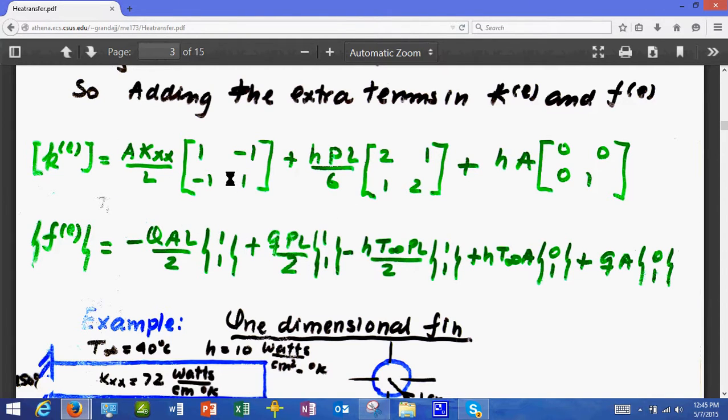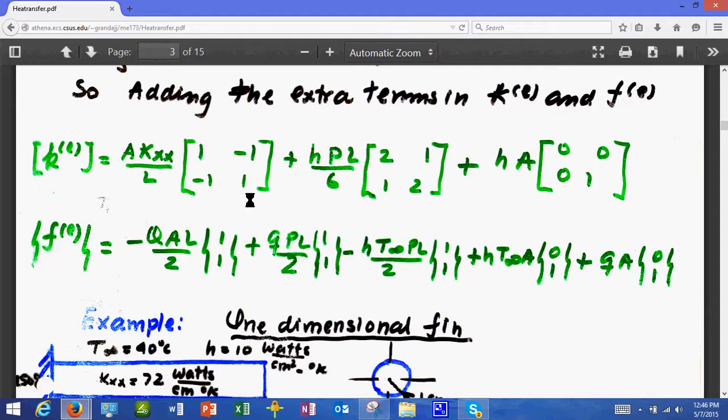Let's say for this element that we're analyzing here, you have that this is the conductivity times A divided by L, and then this one, and then some other contribution, and then finally the other end.